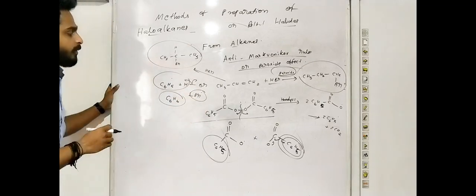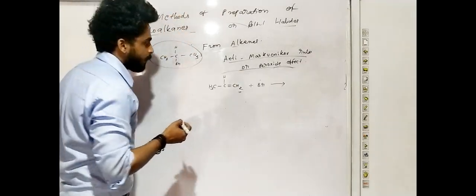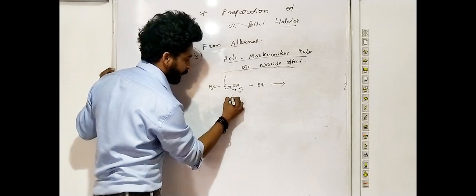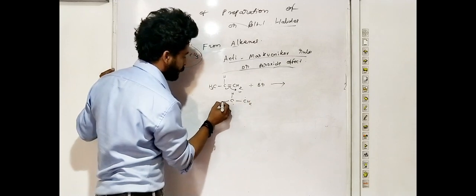This will also proceed as a radical reaction. Then this Br dot will react with this alkene group. Here also, by homolytic cleavage, this bond will break to form CH dot, single bond, CH2 dot, that is a free radical CH3.